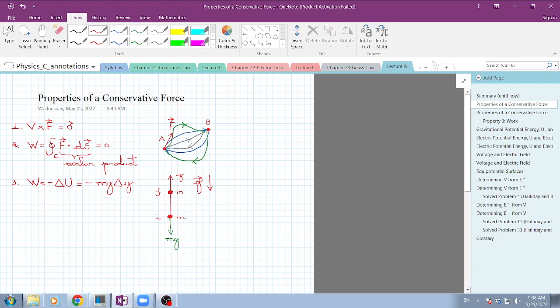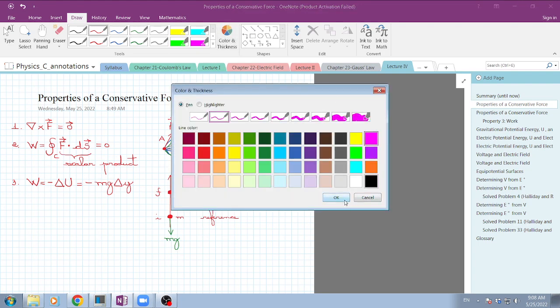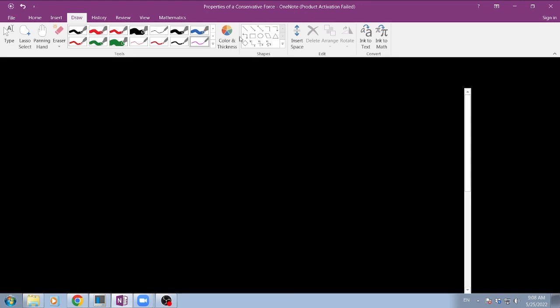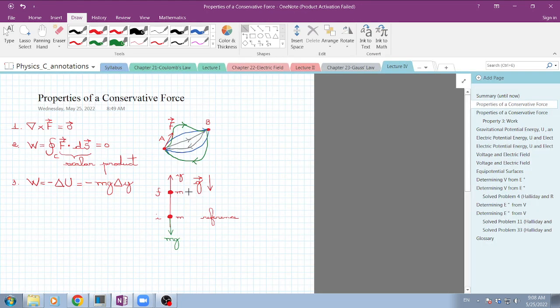For example, you can say that this is the reference, and you can use actually just this variation right here, gravitational field, to calculate the work.